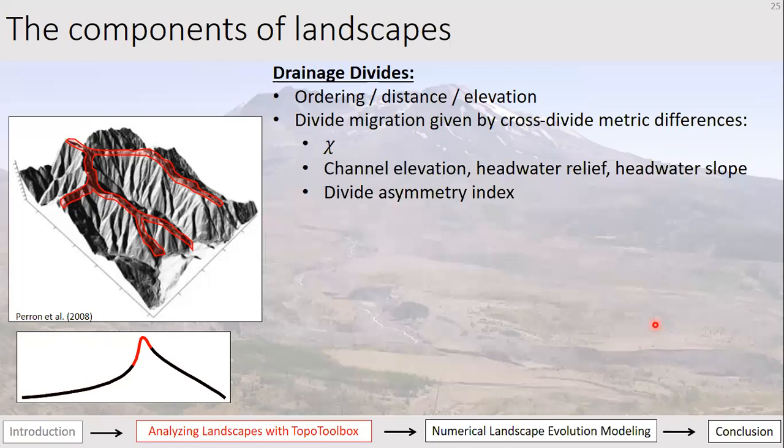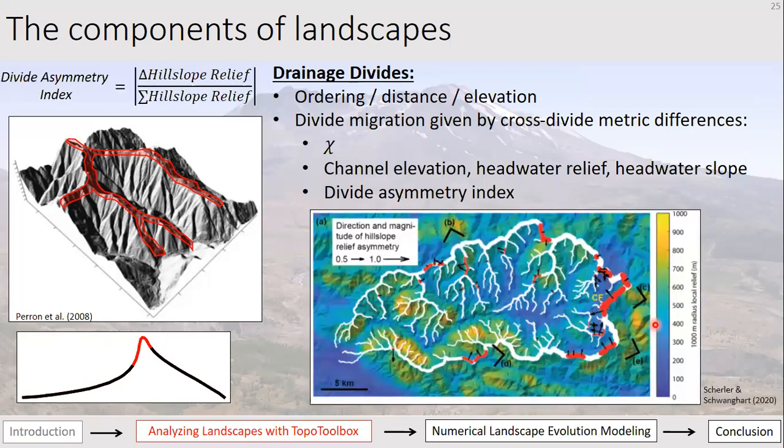And as a last metric for this, these were simplified to some degree with the divide asymmetry index by Scherler and Schwanghart 2020, which simply calculates the absolute difference in hillslope reliefs across the divide, and then divides it by the total hillslope relief. So this generates a normalized value between 0 and 1, in which 1 represents a divide that's most likely to be mobile and thus migrating.